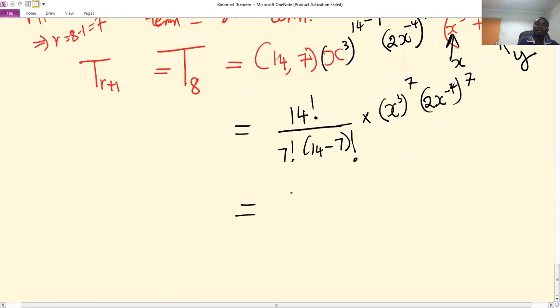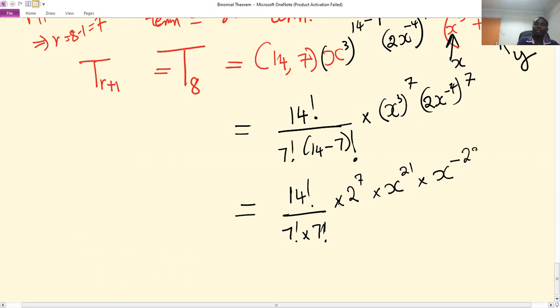This is 14 factorial over 7 factorial times 7 factorial, and then times 2 raised to the power 7, and then x raised to the power 3 times 7 is 21, times x raised to the power minus 4 times 7 is minus 28.